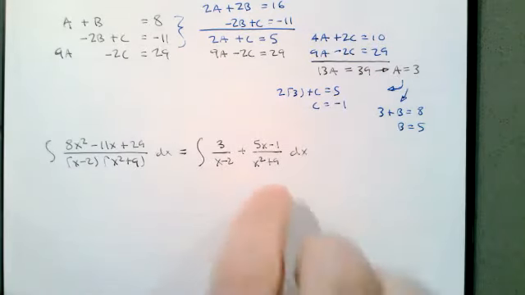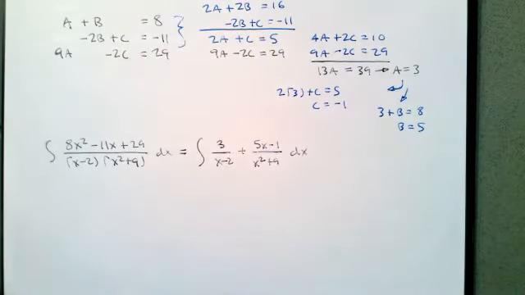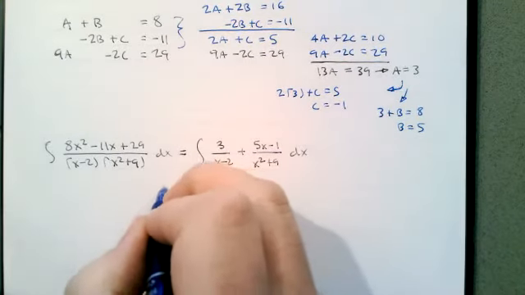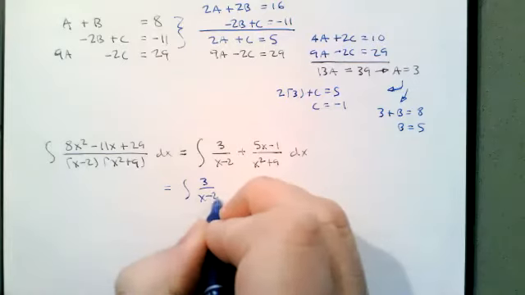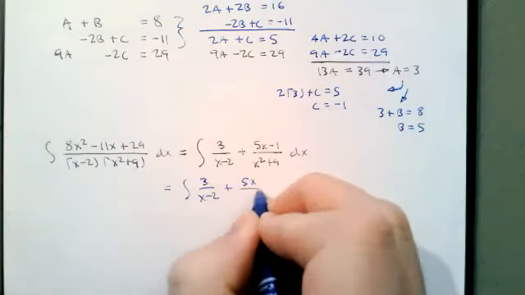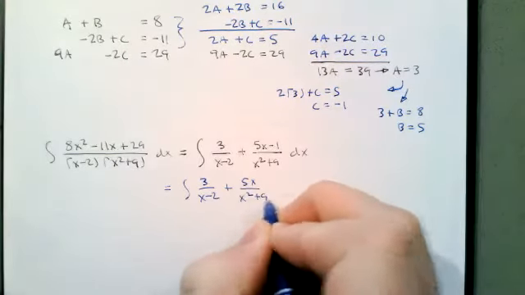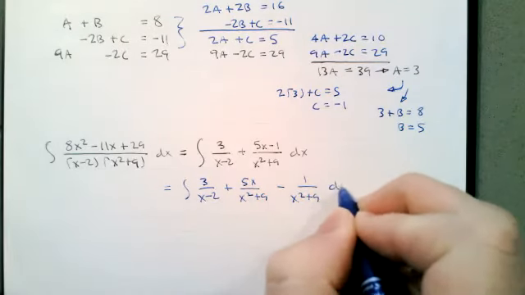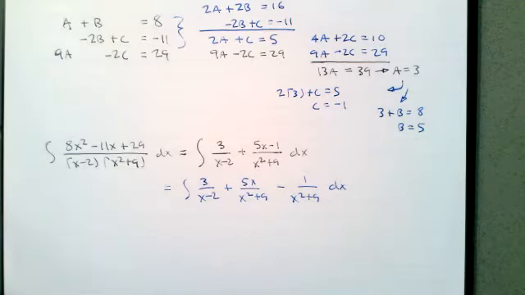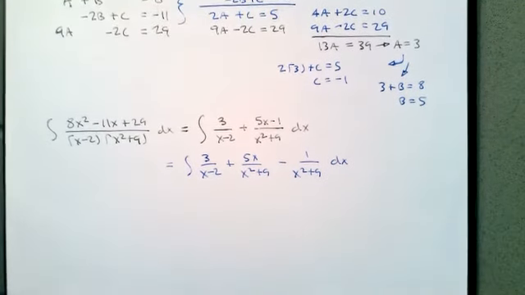In this case, since I have an x squared plus 9, I can break the 5x on top and then a 1 on top. So I'm actually going to break that into two terms. So what we're integrating is 3 over x minus 2 plus 5x over x squared plus 9 minus 1 over x squared plus 9 dx. And now we can finally do some calculus.